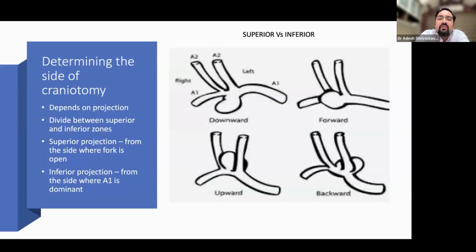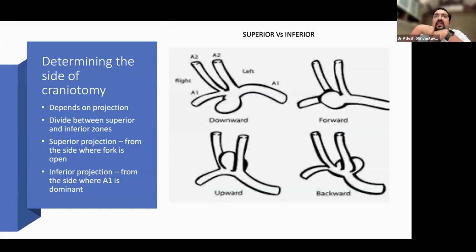Once you have done the positioning, the second thing to decide is your side of approach, whether to go from the right side or the left side. Again, Dr. Jayanand had shown a very nice diagram showing all the projections in a single image.